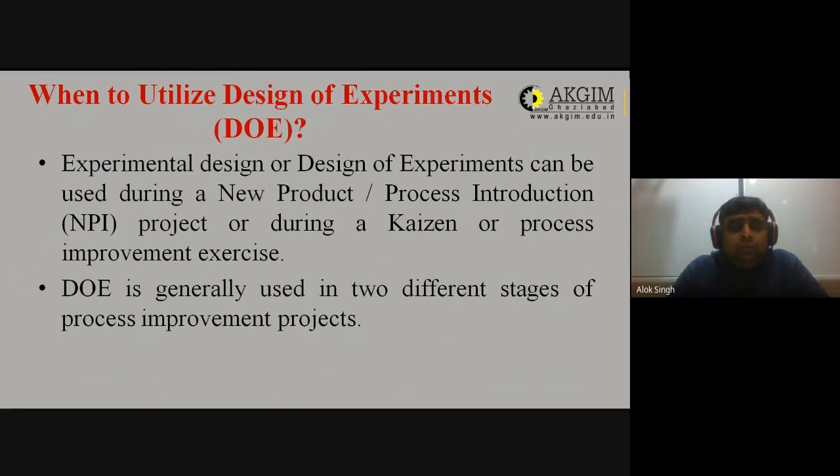So you will design it while introducing a new product or a new process into the market. Introduction of a new process and product is an NPI project, or it can be used during a kaizen, which means continuous improvement.